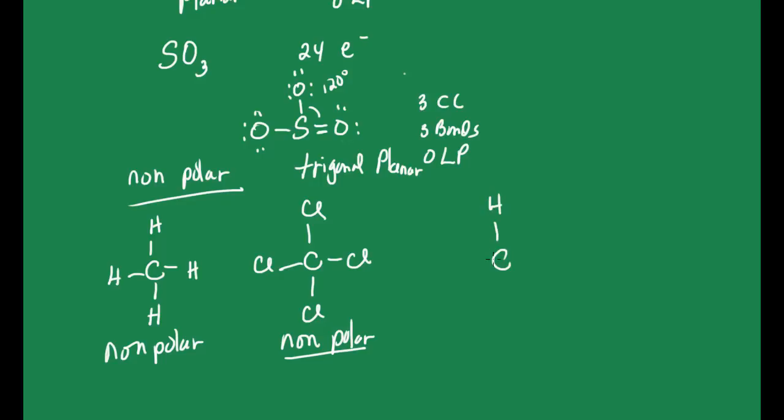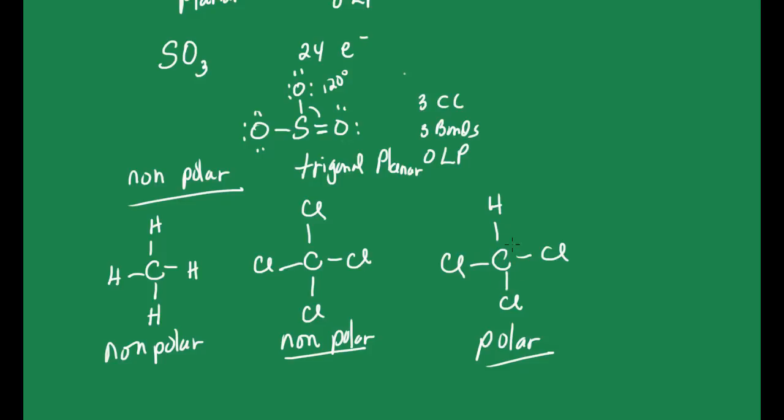However, let's say I have something like this. I've got 3 polar bonds, but I have this other bond that is nonpolar. So this molecule here would be considered polar. Look at the symmetry. We have a tetrahedral molecular geometry, and notice that all 4 atoms are not identical.